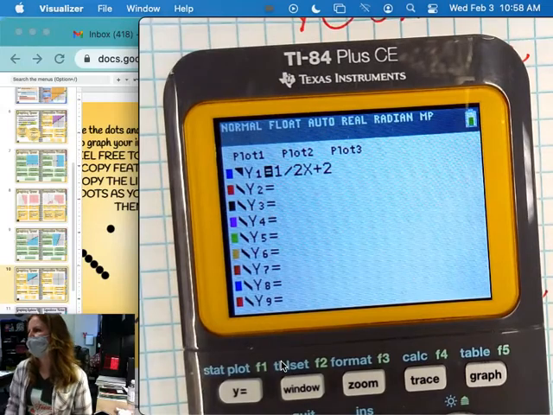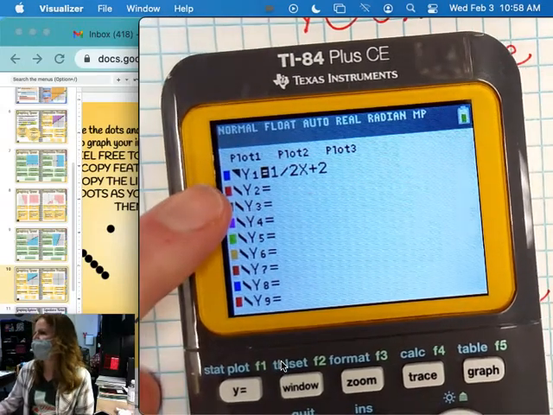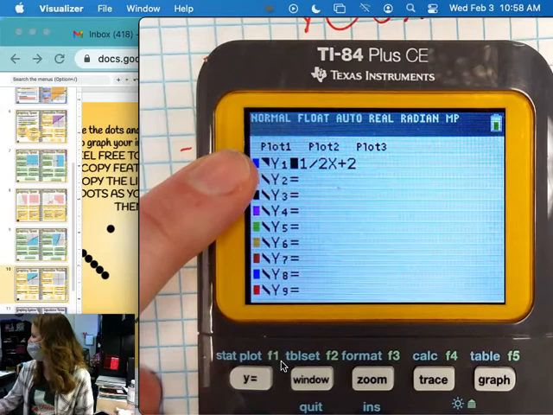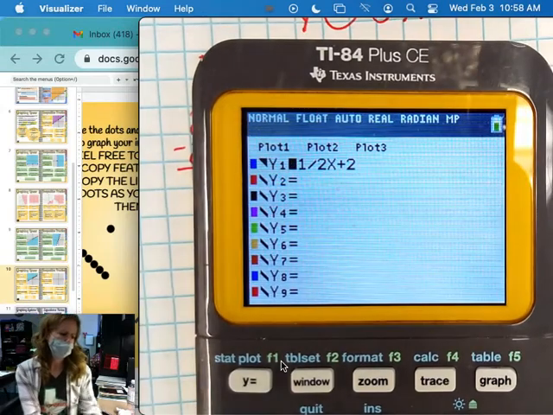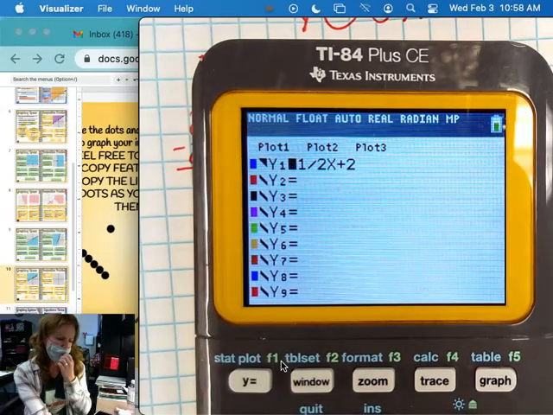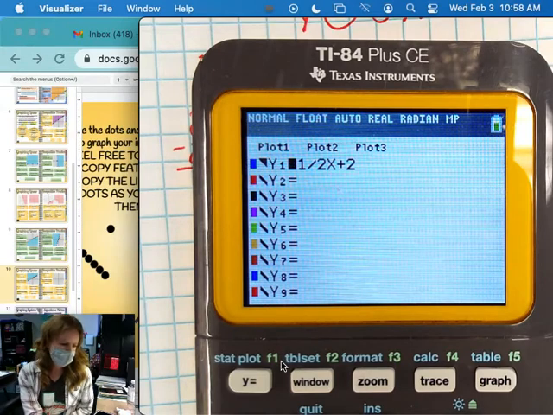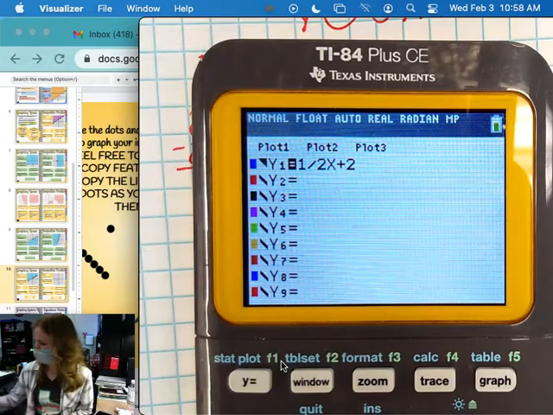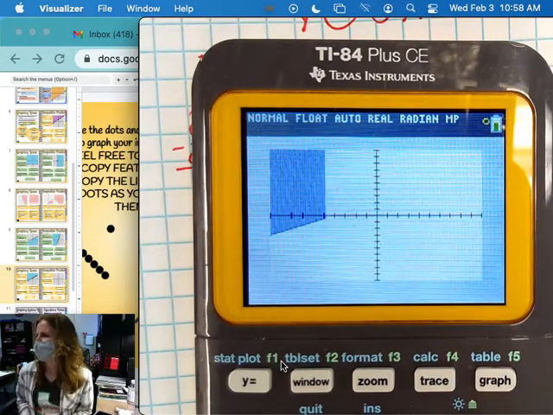One over 2x plus 2, and then make sure that this is the above. Okay, then graph it, and see if it looks the same.